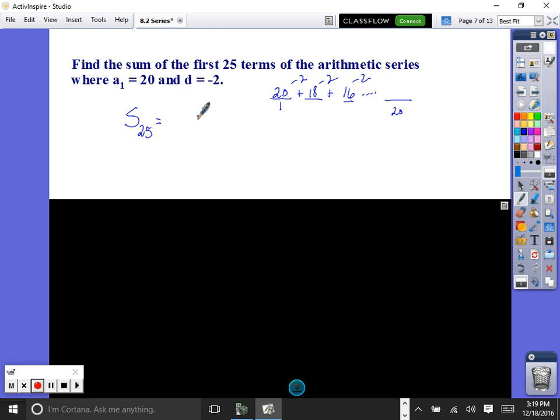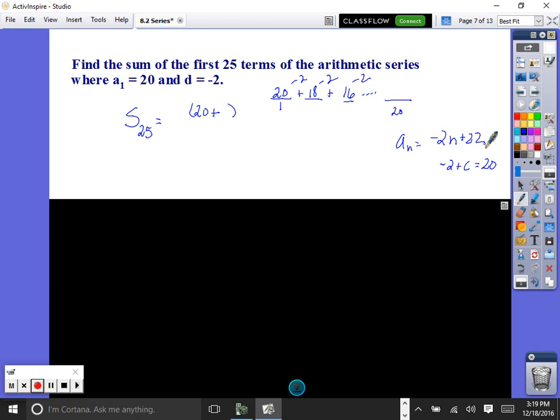So I take the first term, which is 20, plus the last term. How am I going to figure out this last term? Well, I know to get any term, I take negative 2n. When I do the first term, I put 1 in there, I get a negative 2. Negative 2 plus what gives me 20? Negative 2 plus 22.